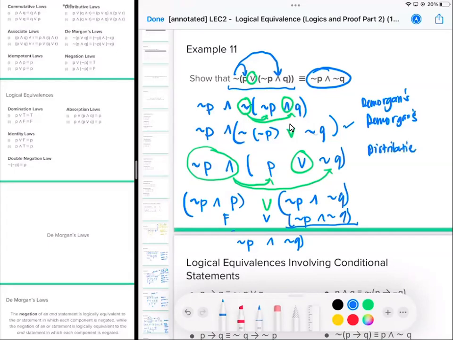And then we used distributive law. Now for this, we use the negation. In this one, we use the distributive. And for this, we use the negation. And the last is we use the identity law.